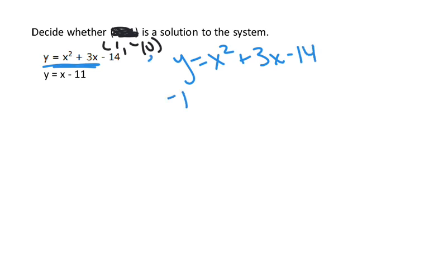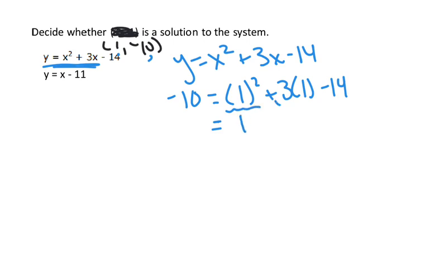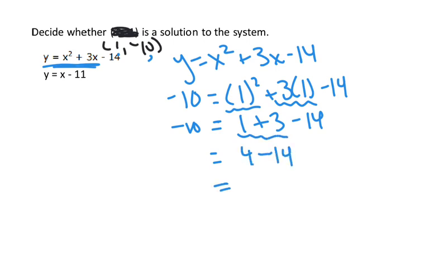So our y is -10 equals our x, which is 1 squared, plus 3 times 1 minus 14. So 1 squared is 1. 3 times 1 is 3, minus 14. Okay, left to right. 1 plus 3 is 4. And then 4 minus 14 is -10. Well, -10 does equal -10, so we're good on that one.